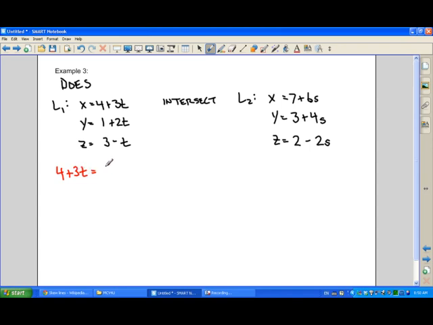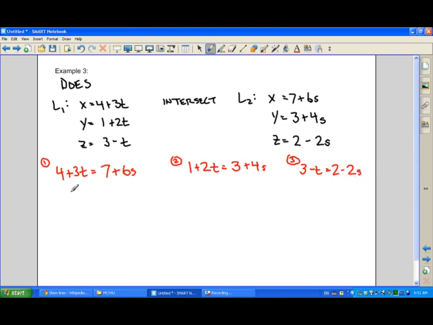So 4 plus 3t equals 7 plus 6s. We'll call that equation 1. Equation 2 will be my y components. So 1 plus 2t is equal to 3 plus 4s. And equation 3 will be my z components. 3 minus t equals 2 minus 2s.